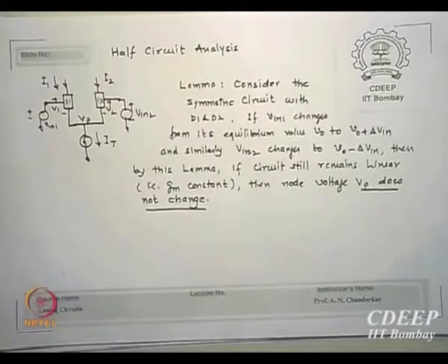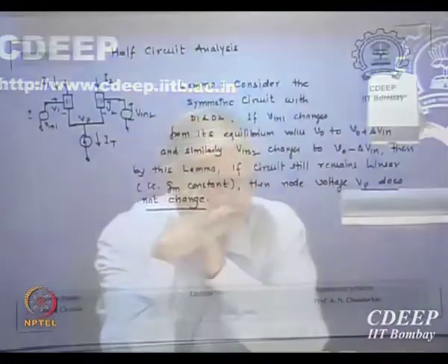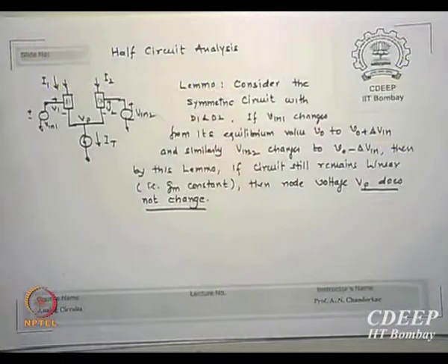Now this symmetric circuit has something condition we are now putting, and that is very important. Let us say there is an equilibrium value of Vin1 called V0, not output. Please remember I am not talking of output. V0 is the equilibrium value, average value, and Vin1 changes.